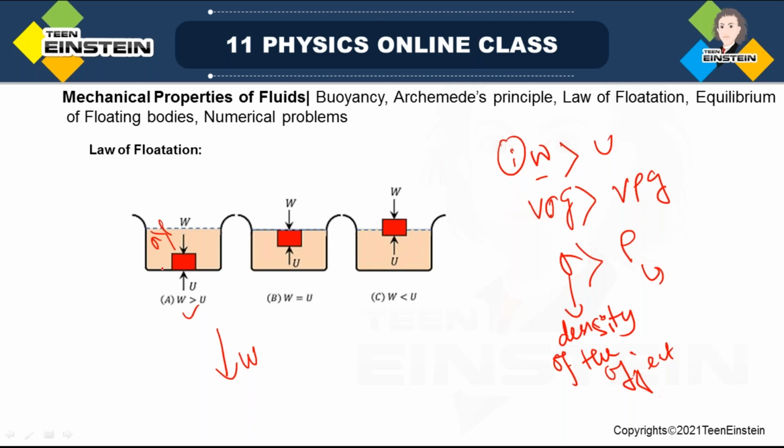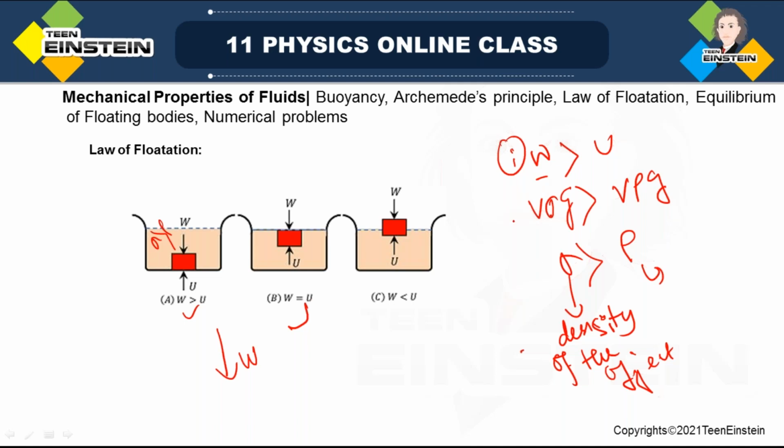Now we'll take another situation where both are equal, the upward thrust and the weight of the body. If they are both equal, then there will be no net force.